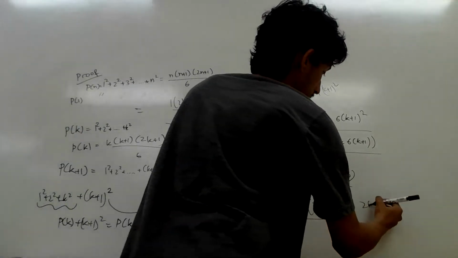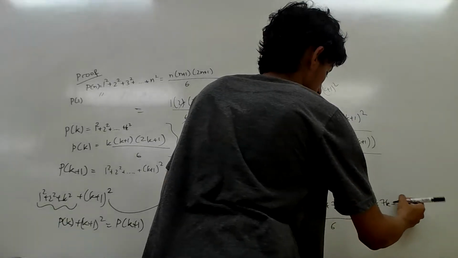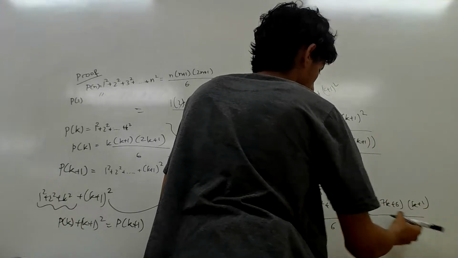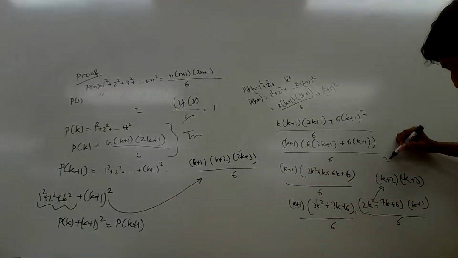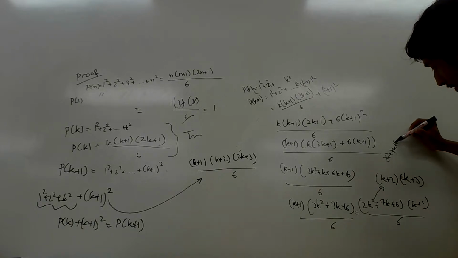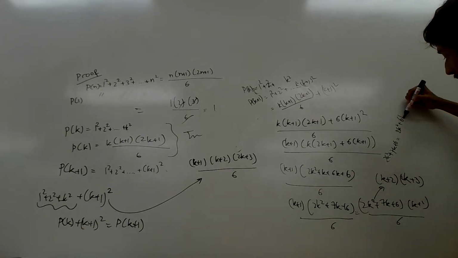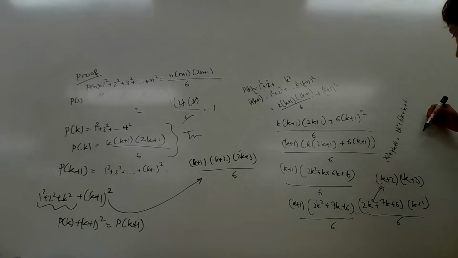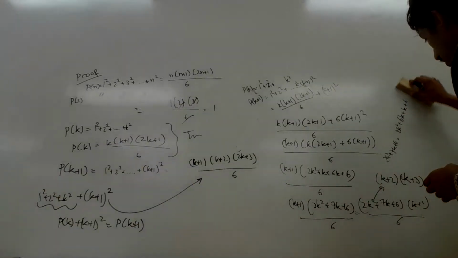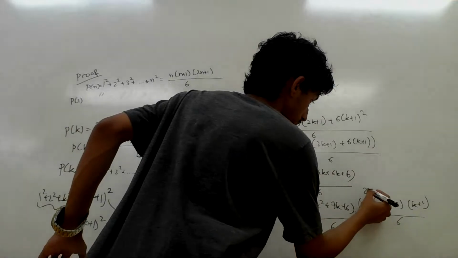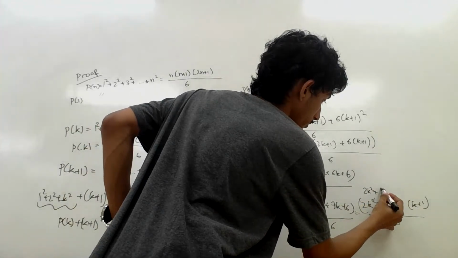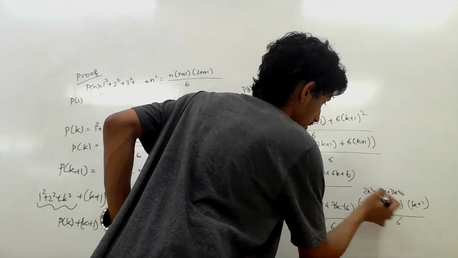Notice how 2k squared plus 7k plus 6 times k plus 1 can be factorized. 2k squared plus 7k plus 6 can also be written as 2k squared plus 4k plus 3k plus 6.